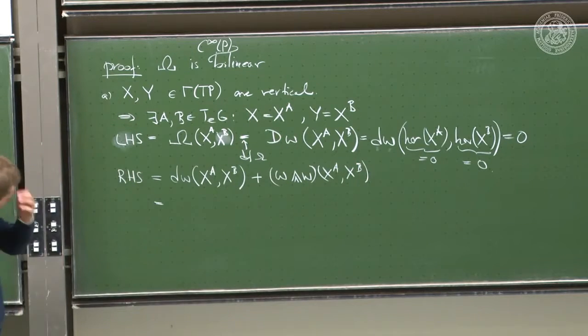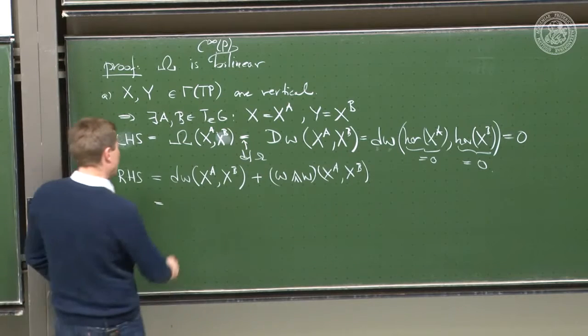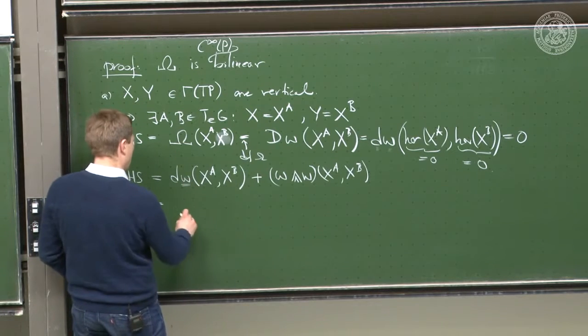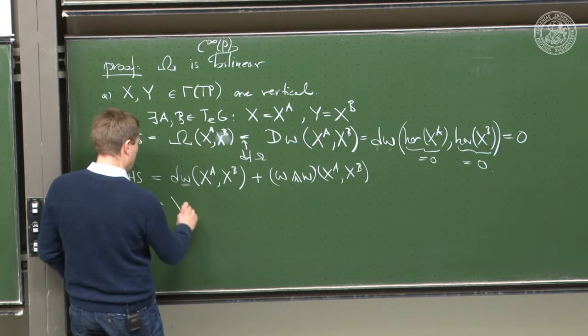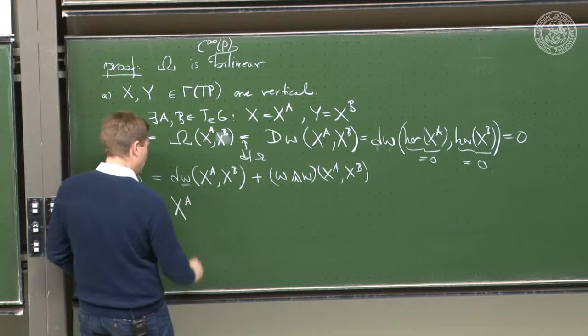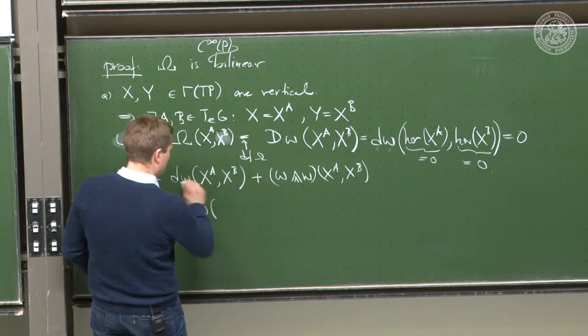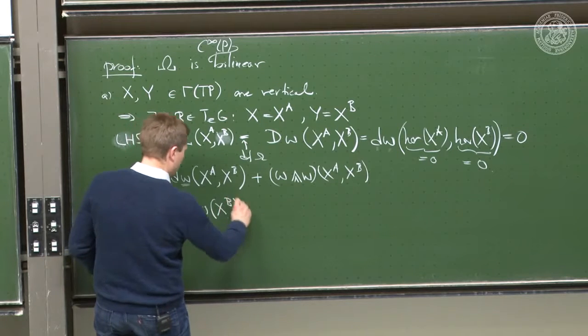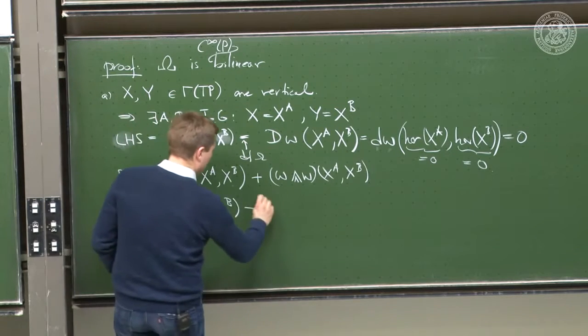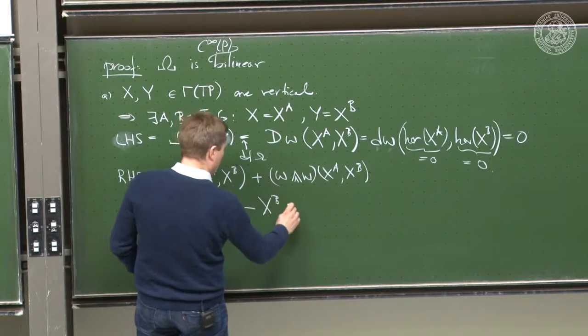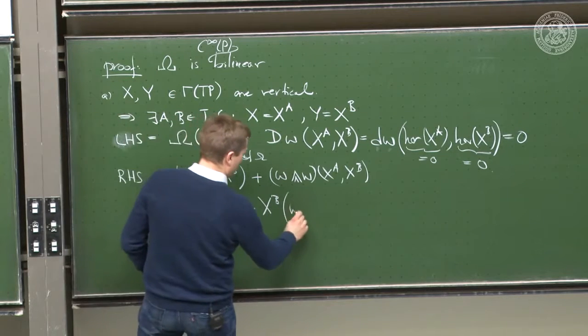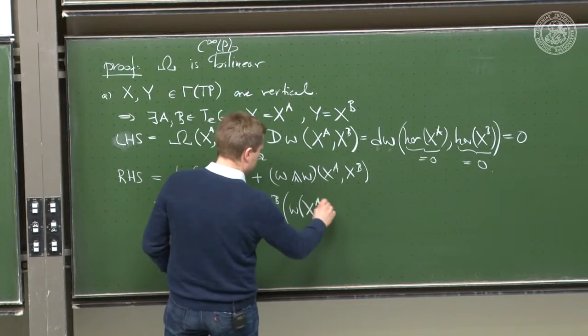Well, remember the definition of the exterior derivative of a whatever valued 1-form: X_A acts on omega evaluated on the second entry, minus the second entry acts on the 1-form evaluated on the first entry.